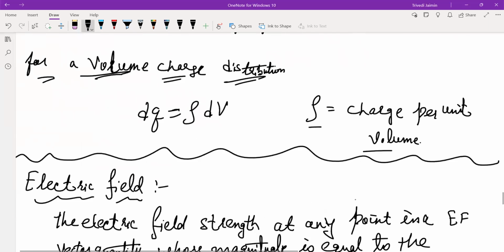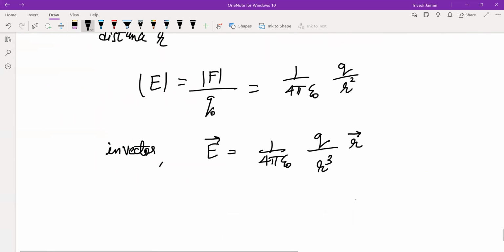Okay? Then let's write second one. Anything left here? Vector form we wrote.